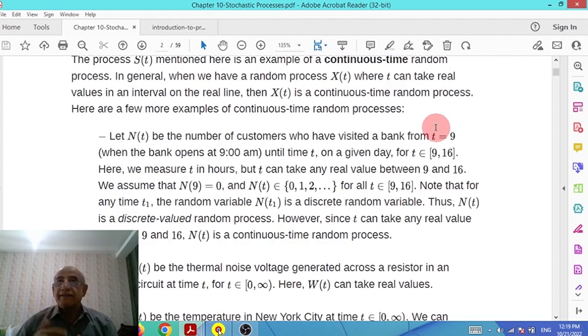After this time, as time is continuous, at each time we can know how many people have entered the bank. For example, in this interval between 9 and 16 o'clock. So at first, N(9) equals 0.